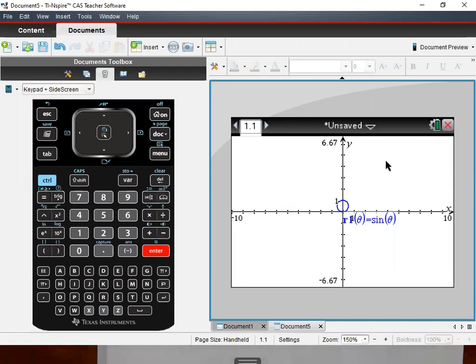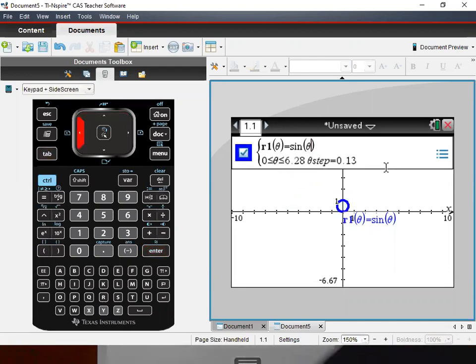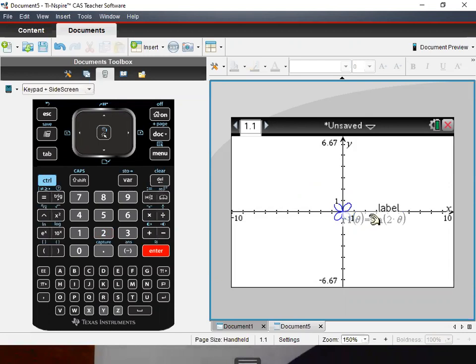All right, it's a circle tangent to the x-axis. Now, if I cut the period in half, look at that. That's pretty cool. That's called a Rhodes curve. And we're going to do that next week.